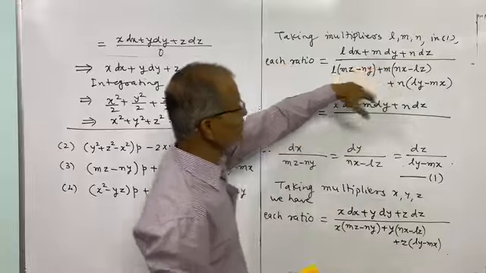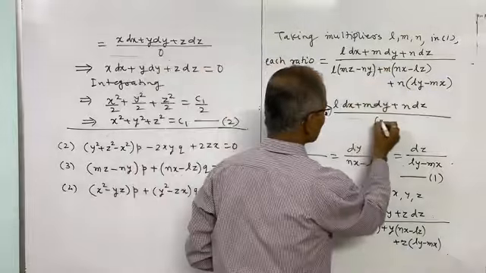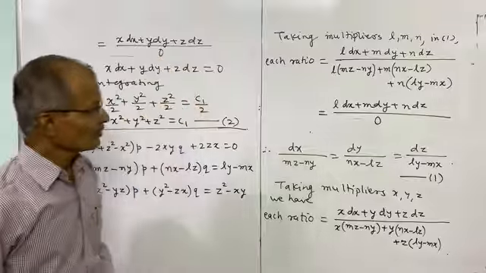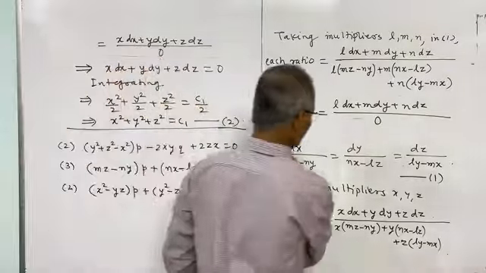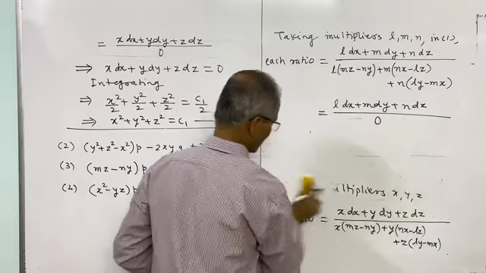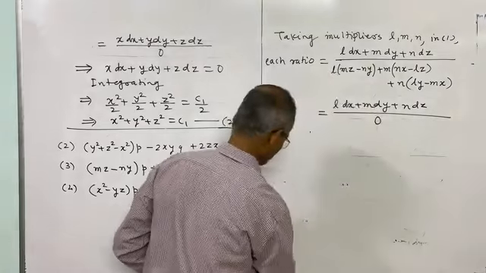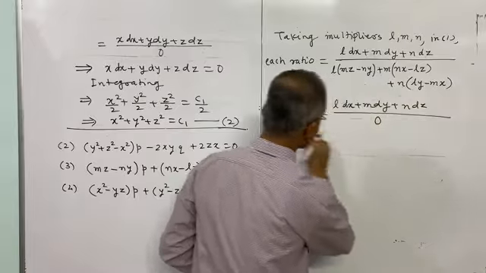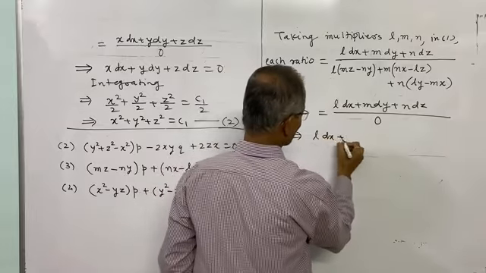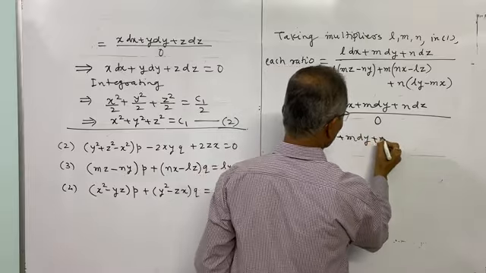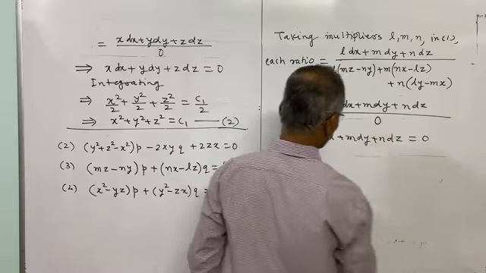So each term gets cancelled, and this is 0. As earlier, if the denominator is 0, the numerator must be 0. So this implies L dx plus m dy plus n dz is equal to 0.